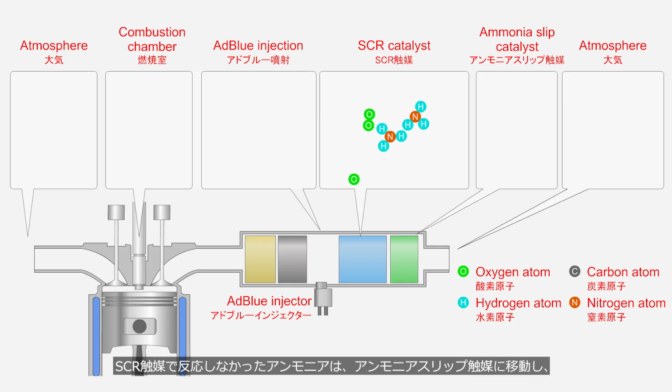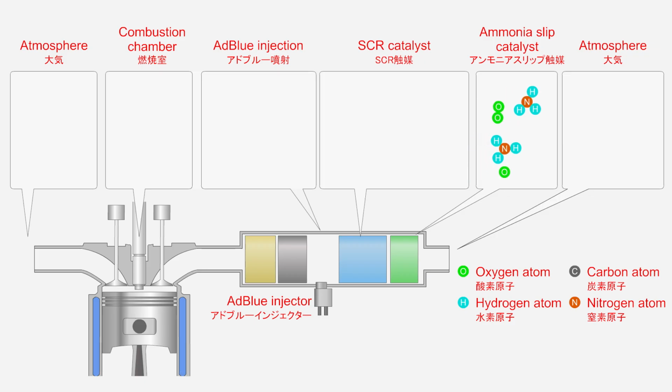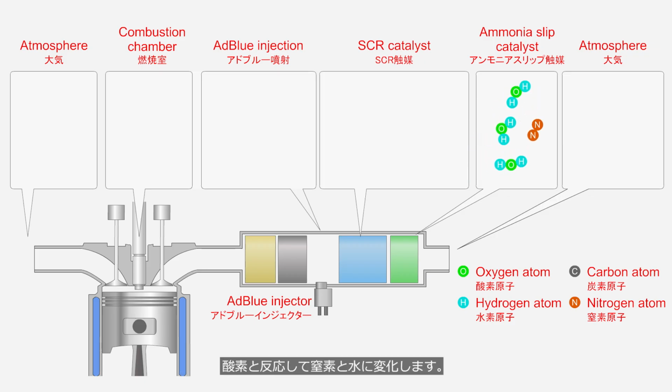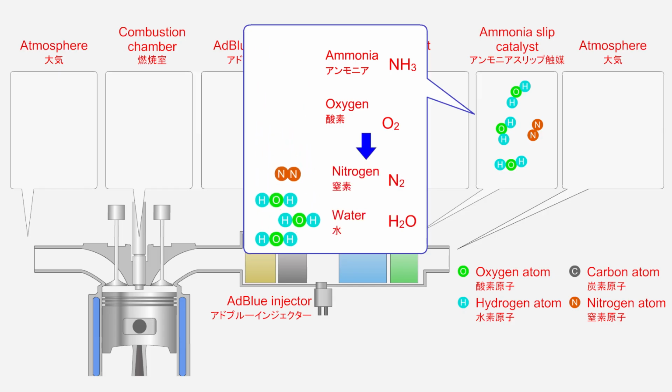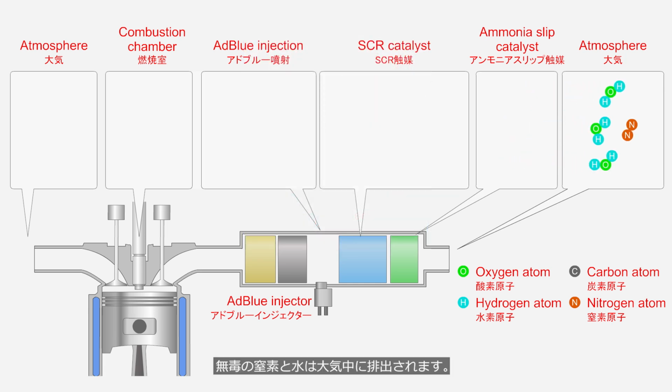The ammonia that did not react in the SCR catalyst moves to the ammonia slip catalyst, where it reacts with oxygen to convert into nitrogen and water. Harmless nitrogen and water are released into the atmosphere.